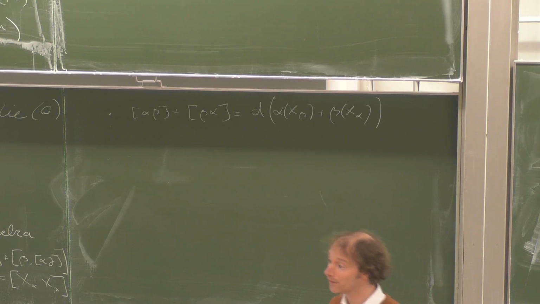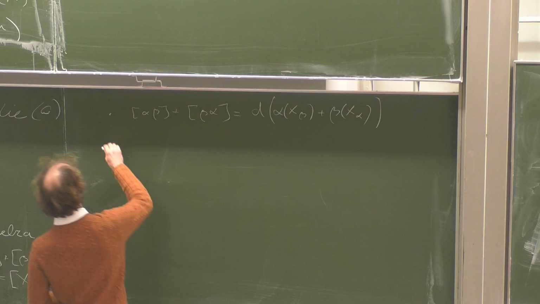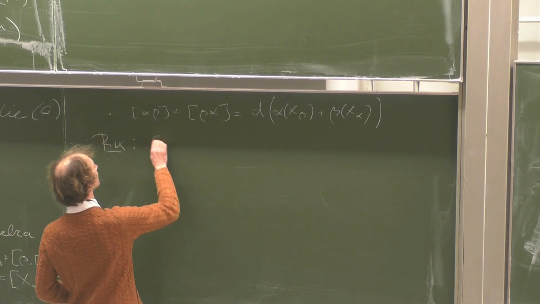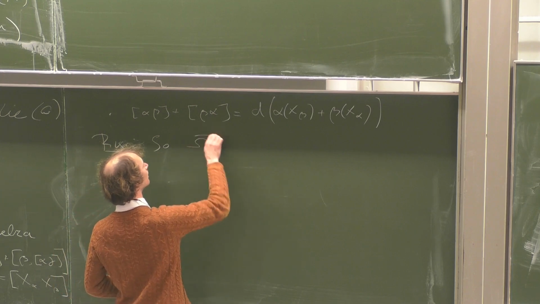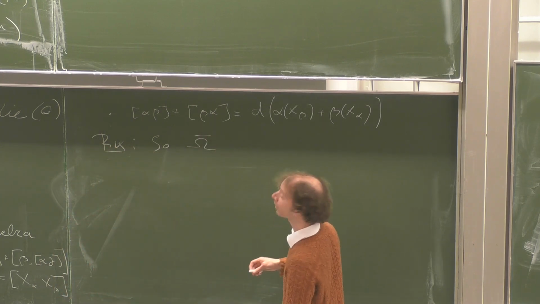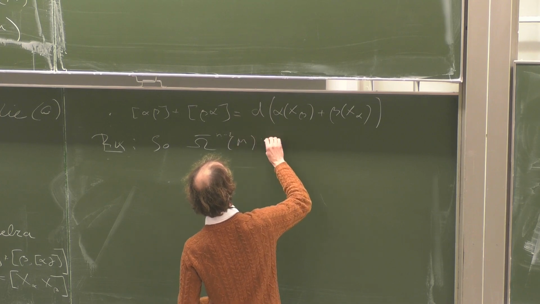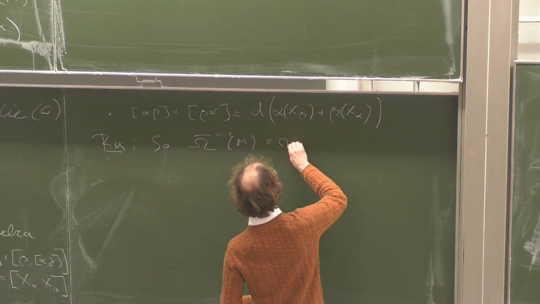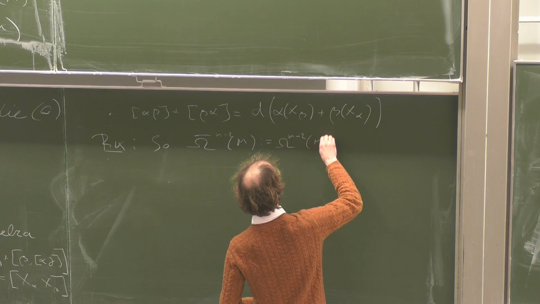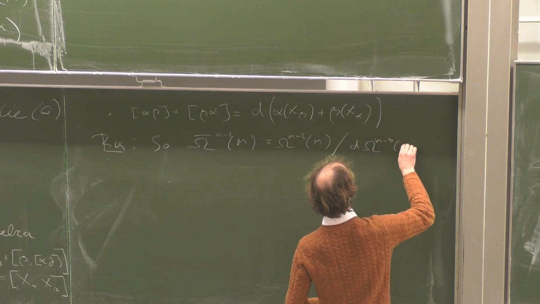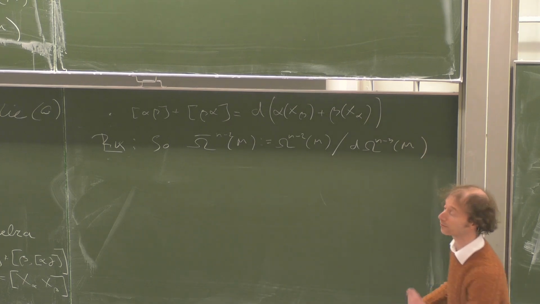Then it becomes a Lie algebra. Exactly. So let's denote that by omega bar. So this is a Lie algebra.